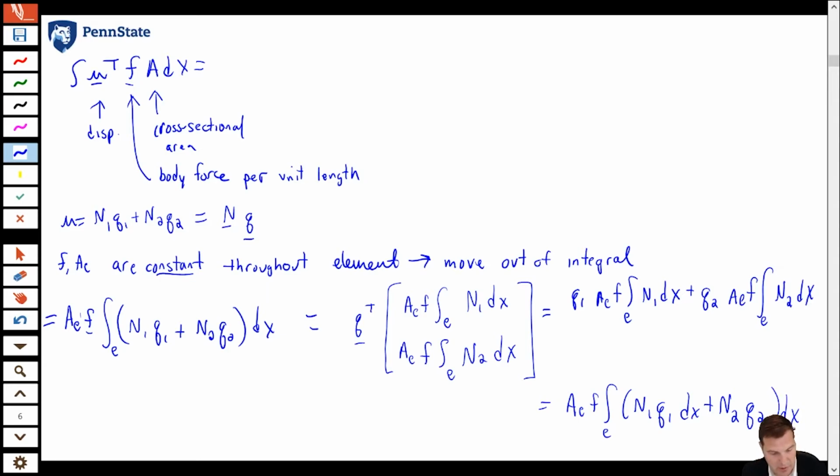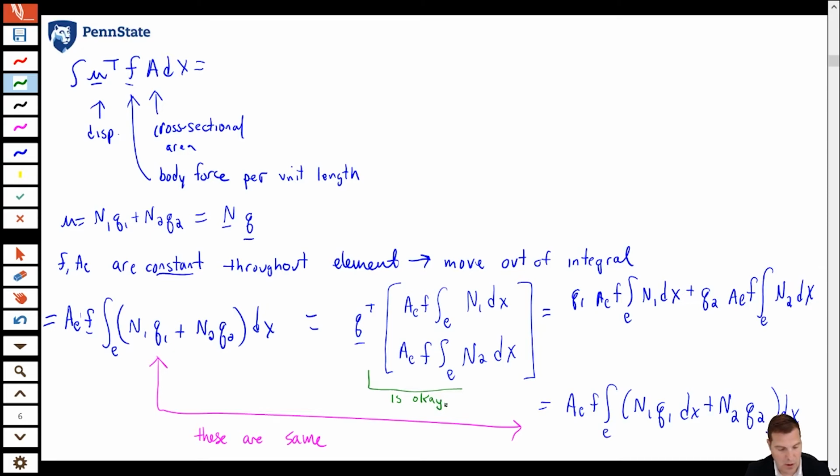So what did I do? I basically just showed that these are the same. These are the same. So I just showed that writing a form like this is okay.